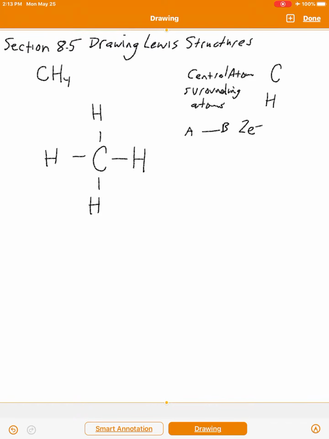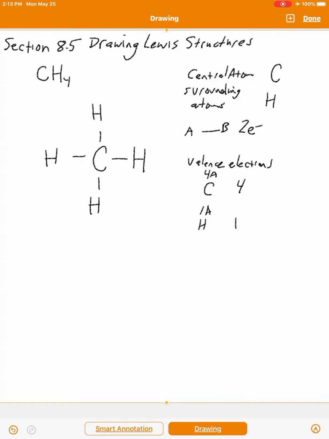Next, we count up the valence electrons. The way you do that is you go to the periodic table and you look at each element. Carbon is in column 4A, so it has 4 valence electrons. Hydrogen is in column 1A, so it has 1 valence electron.